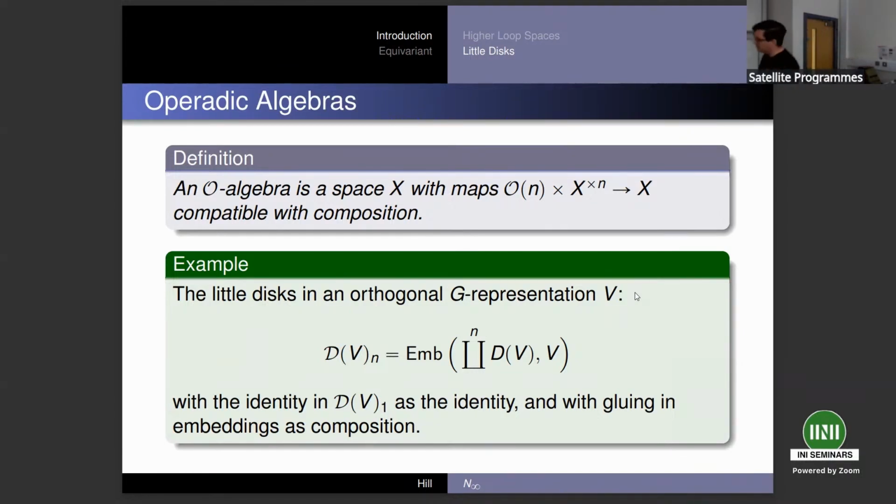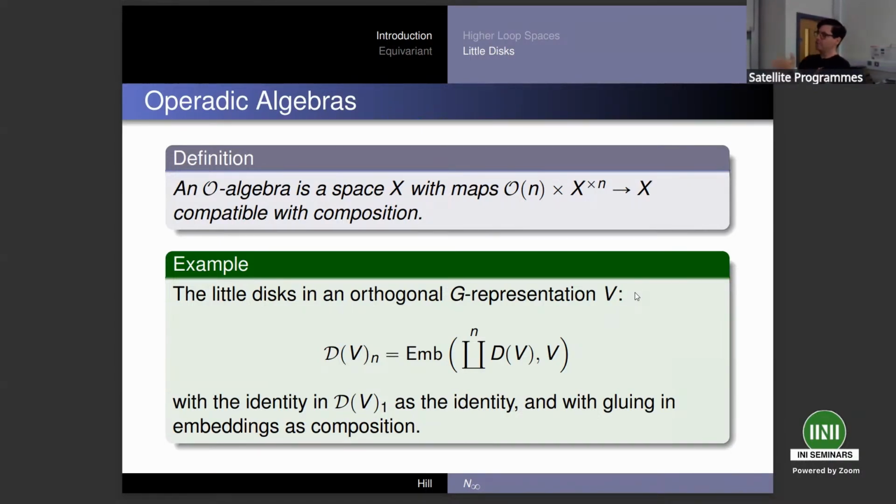So the prototypical example, and Natalie, I assume you're going to spend a lot of time talking about this one, so sorry, there's going to be overlap, is the little disks in an orthogonal G representation. I needed the orthogonal to make sense of the word disk in this. And then just take D of V. You'll notice I'm using two different fonts for this.